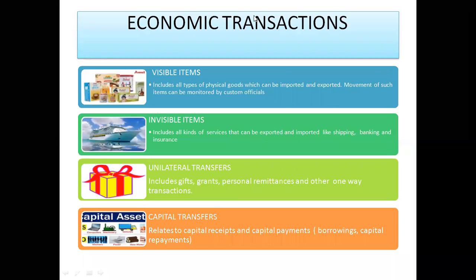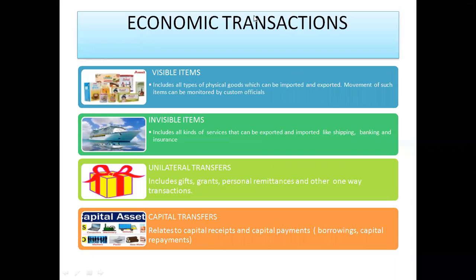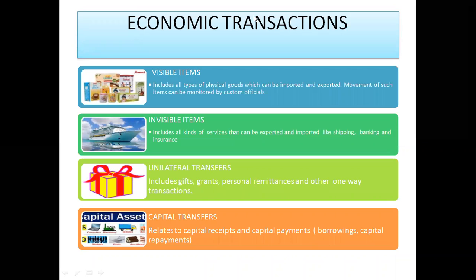There can be personal remittances. My brother is living in Canada and he sends me money every month. That is a personal remittance. And there can be donations. Suppose due to the tragedy in Kedarnath in 2013, some countries donated money to India.